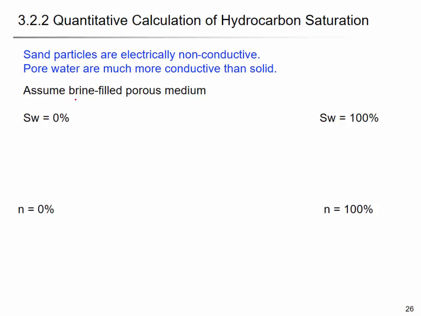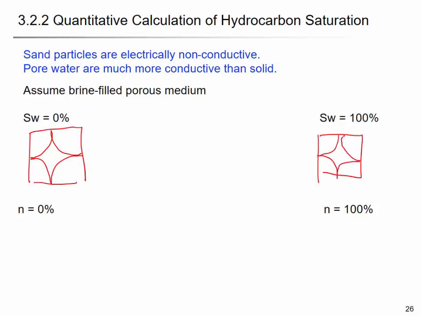So if you assume a brine filled porous medium, let's say, this is the sand, and here is the water, and here will be just the air because it's dry, and water saturation.